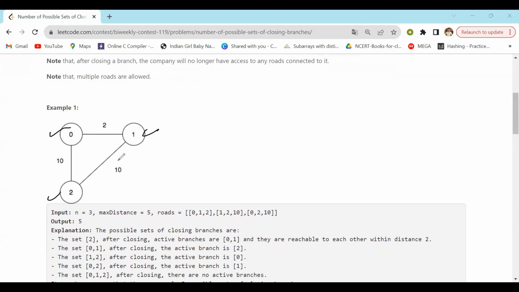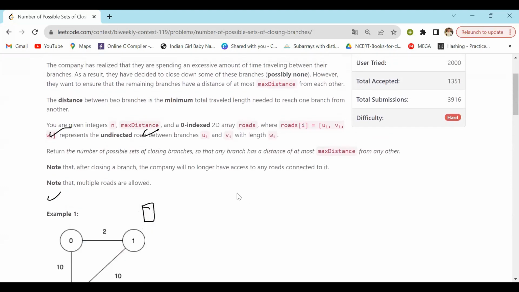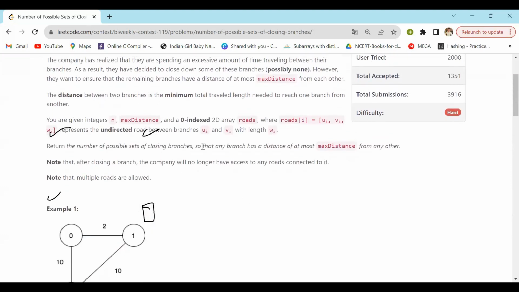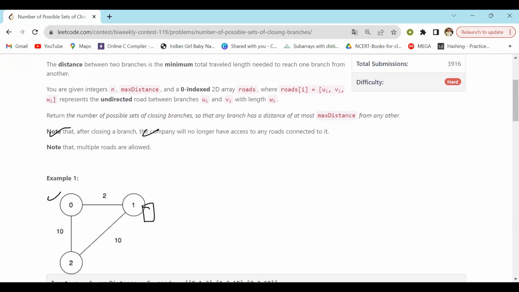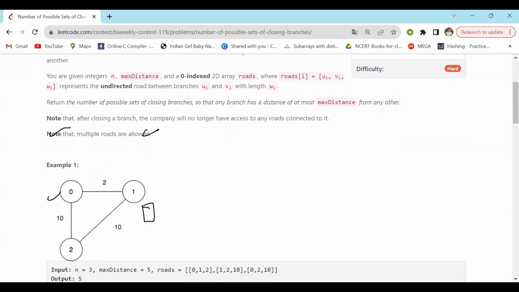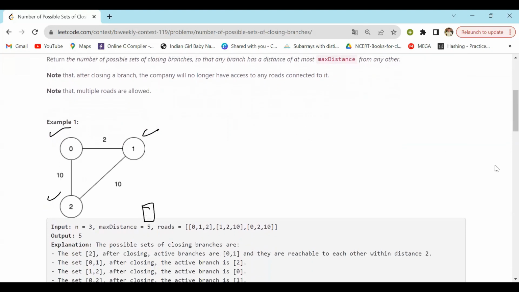Max distance 5. So we have to output what? Return the number of possible sets of closing branches so that any branch has a distance of at most max distance from any other.